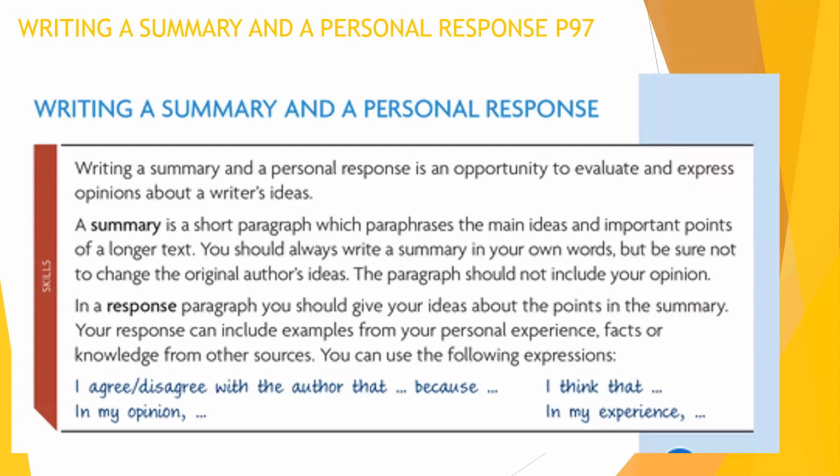You should always write a summary in your own words, but be sure not to change the original author's ideas. The paragraph should not include your opinion. Okay, so the summary paragraph does not include your opinion. You are just rewriting or explaining somebody else's words, somebody else's article. You're summarizing a different writer's ideas.